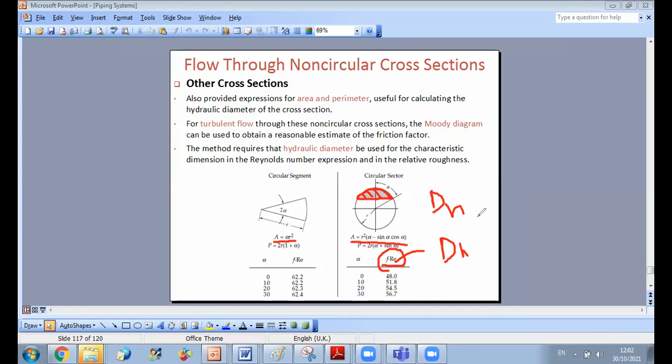So I will need dh in both the laminar case and the turbulent case. For the laminar case, I can directly get f times Reynolds from the table. For the turbulent case, I will use the Moody diagram.